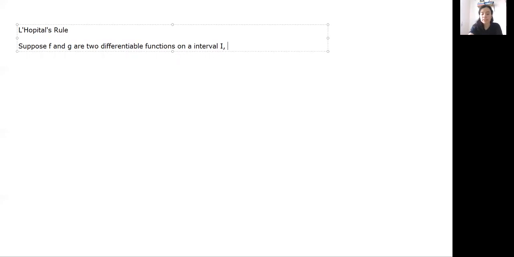In an interval I, and the interval I contains a value A. So it contains the number A.